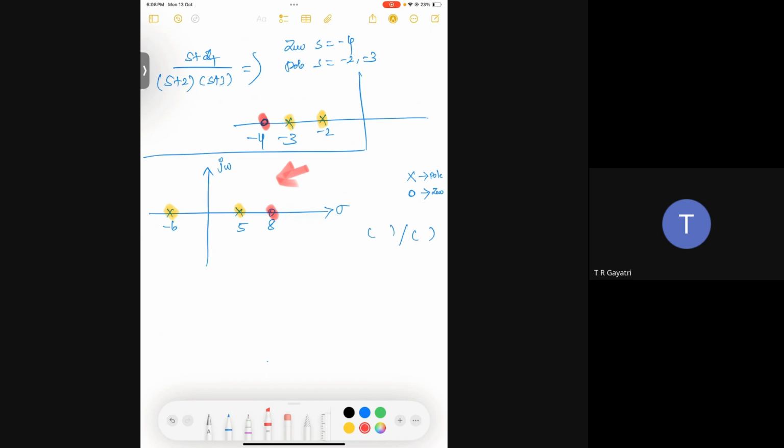Can everyone please type the system if you understood properly? If not, we will discuss it. No problem, no need to worry about it. Just type the transfer function of this system and put it in the chat box.